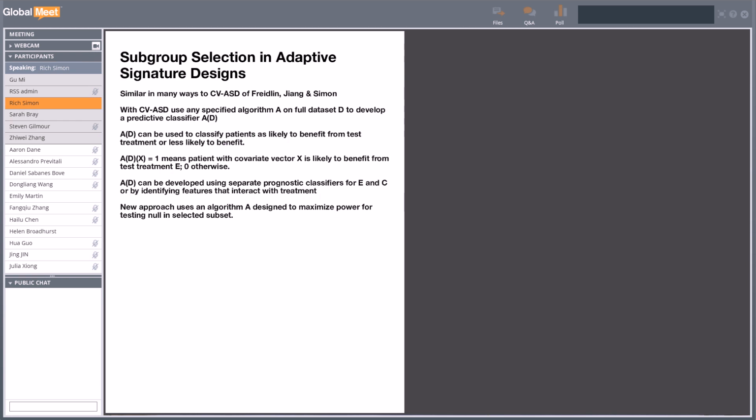But I want to focus a little on the purpose of these. I tend to think of them as predictive classifiers for identifying the intended use population, rather than using the old terminology of subset analysis techniques.